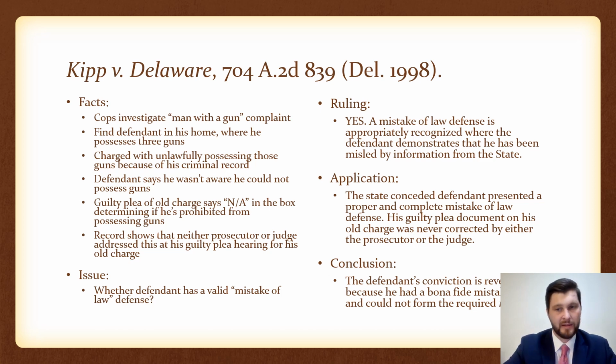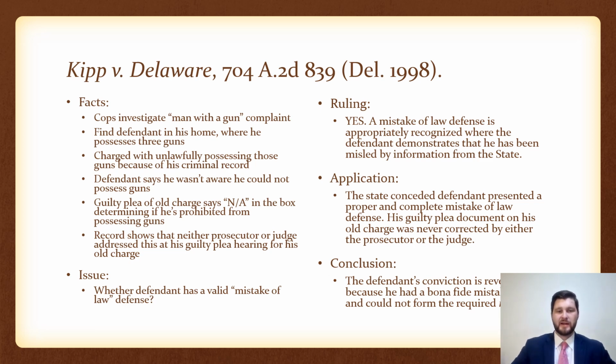So they go, okay, well, shoot, he's right there. It doesn't say he's not supposed to possess guns. So they pull the record from the guilty plea, and the record shows that neither the prosecutor nor the judge addressed this at his guilty plea for his old charge.